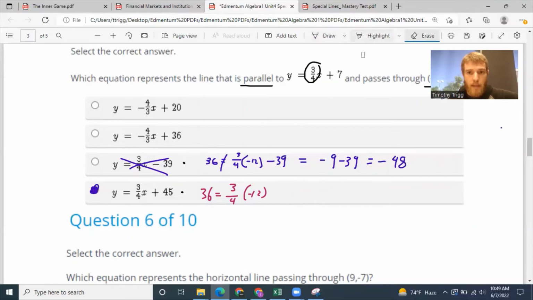Whoops, I was copying the previous answer choice. Should be plus 45 from this. Okay, negative 12 times 3/4. Well, we already talked about previously, but you multiply times the top, divide by the bottom. That should give you negative 9 plus 45. And this does indeed give you 36, doesn't it? So that's why we know that that matches, so that's good.